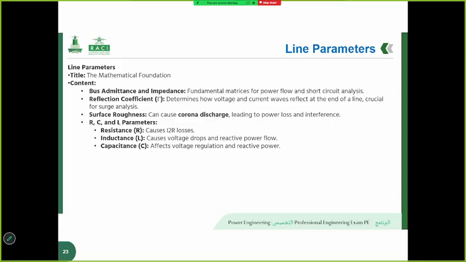These are two matrices, Y-bus for admittances and Z-bus for impedances, that are central to power system analysis. The Y-bus matrix represents the network admittance, which is a measure of how easily current flows between buses or nodes. It is particularly useful for load flow analysis, a study that calculates the steady state voltage and the power flow conditions of the grid.